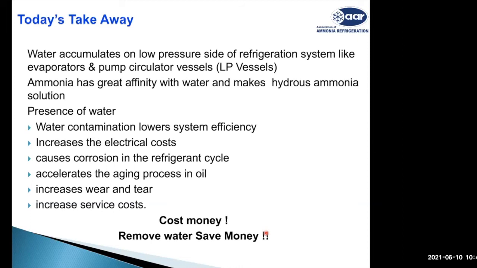Water contamination will lower the system efficiency because we will be operating at lower suction pressure. Of course, when you are operating at lower suction pressure, it means higher electricity cost. Then there is corrosion of the refrigeration equipment: in the piping, the vessels, the evaporators, the condensers.